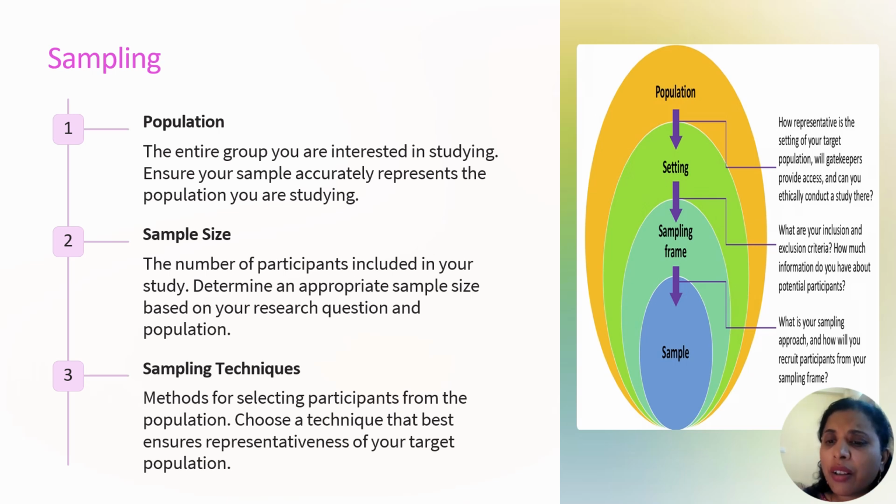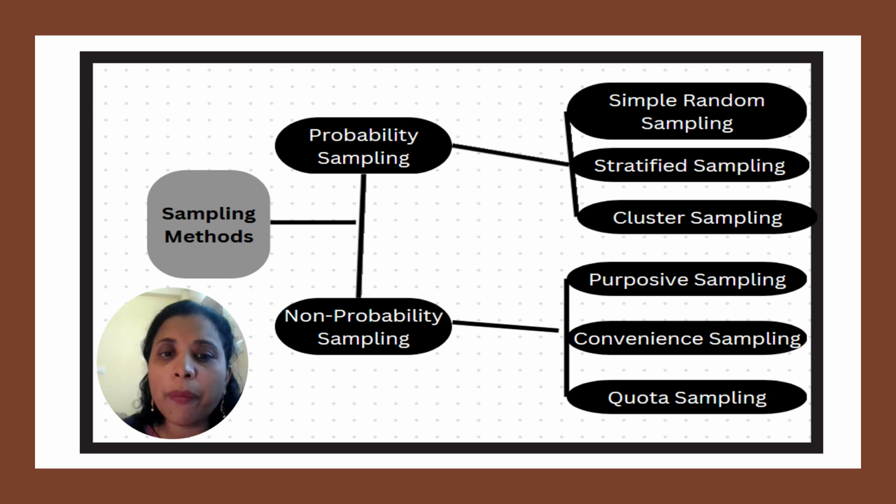There are various formulas which can be applied to arrive at a sample size, based on what sampling techniques you are using. These things will be explained again in detail in the next videos. But for sampling techniques, I will quickly let you know that there are two techniques, probability and non-probability.